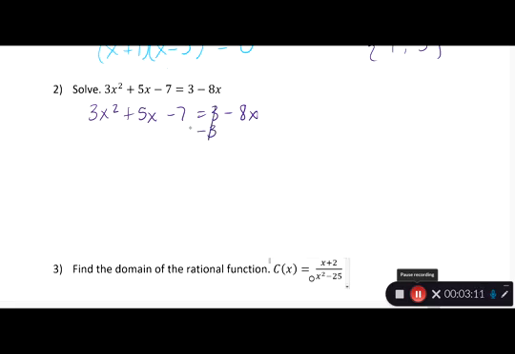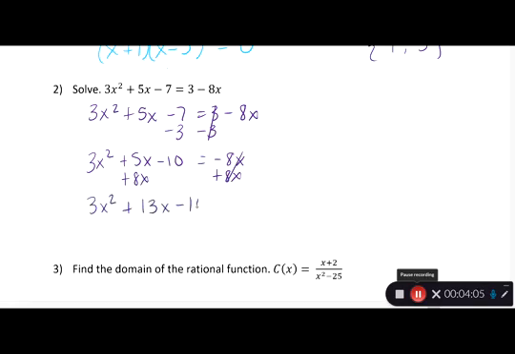So minus 3, 3x squared plus 5x minus 10 equals a negative 8x. Plus 8x on both sides gives us 3x squared plus 13x minus 10, right? And so from here equals 0.